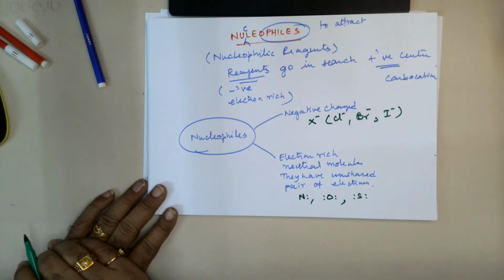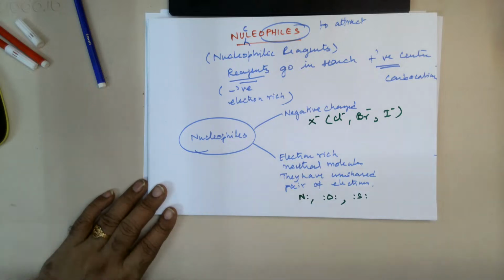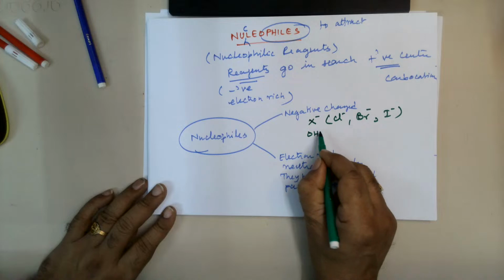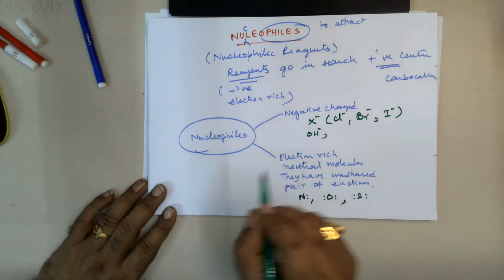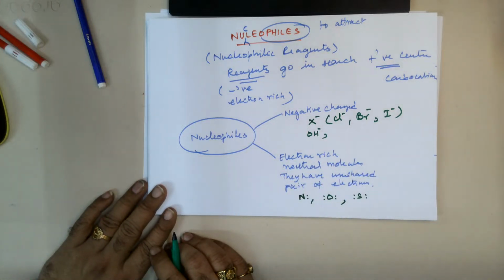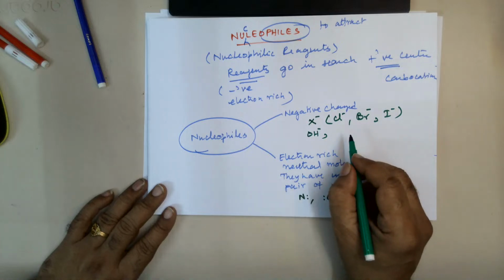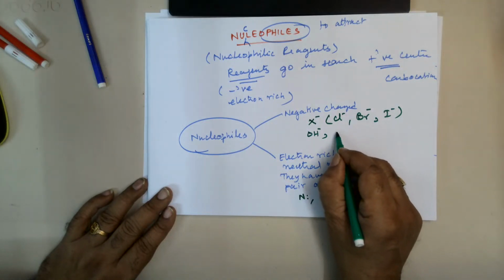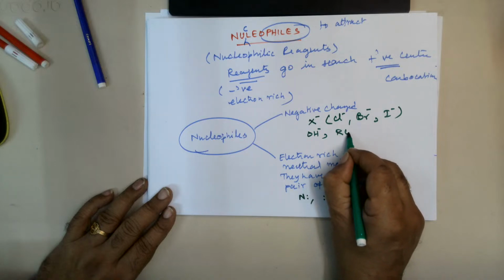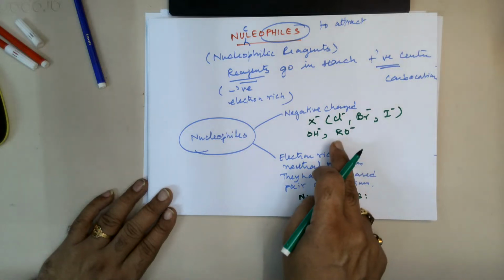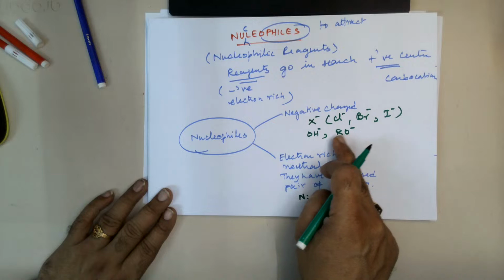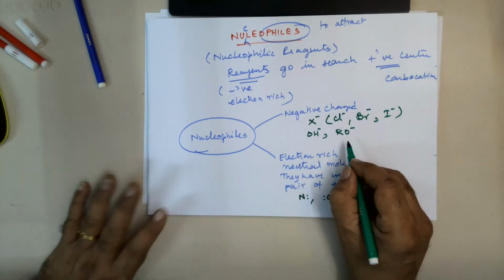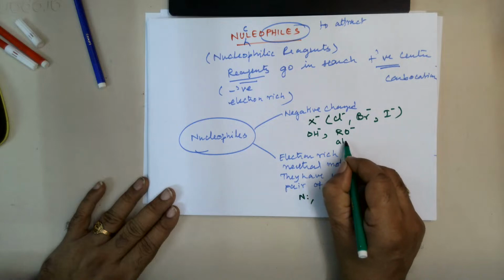And you can have some carboxylate ions also, and the hydroxyl ion. This is called OH minus ion. What do you call it? Hydroxyl ion. Write down hydroxyl ion. Then you have the alkoxide anion, RO minus. What do you call it? Alkoxide. This is the alkyl group, this is oxide, so alkoxide. You have to remember all these things.